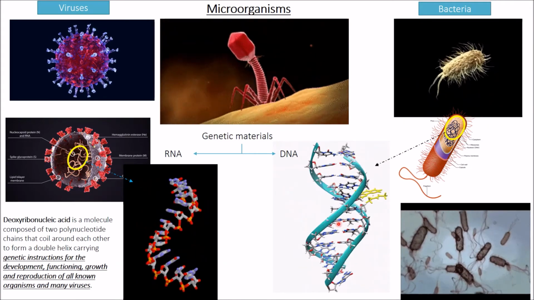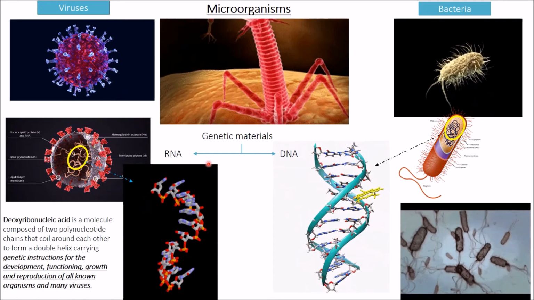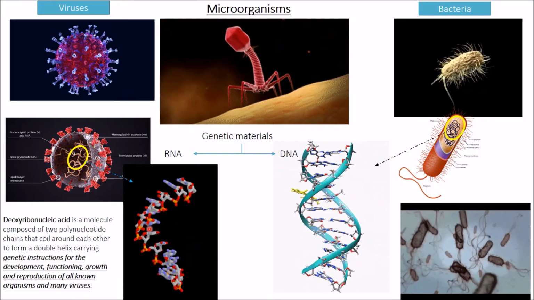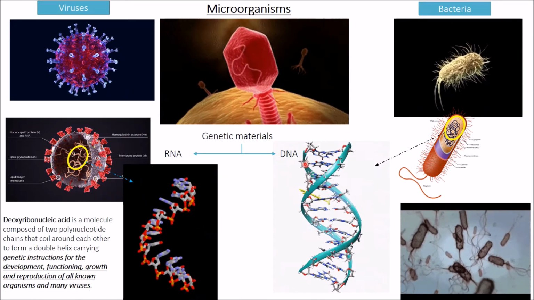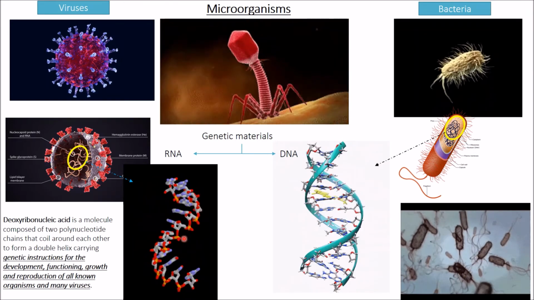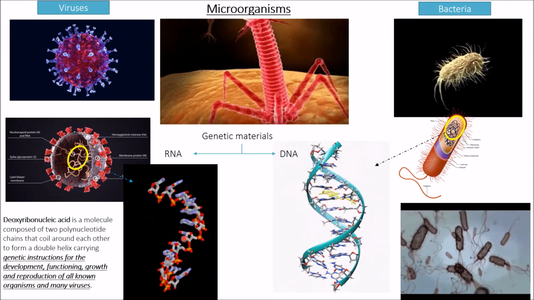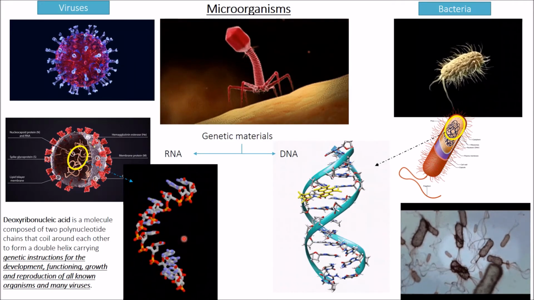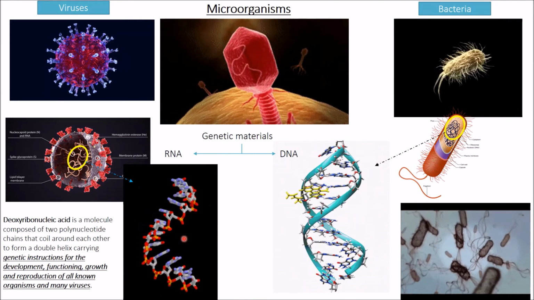It's the genetic material of the bacteria, and the viruses have RNA inside, which is a single helix, a single stranded thing. It's just half of the DNA, and this DNA and RNA are basically genetic instructions for the development, functioning, growth, and reproduction of all known organisms and many viruses.